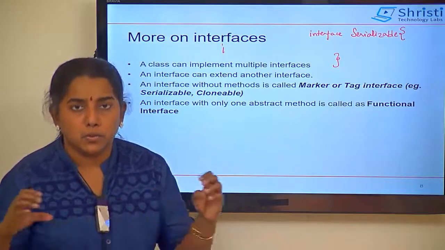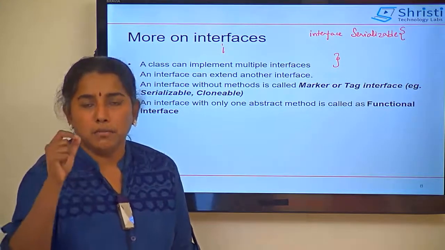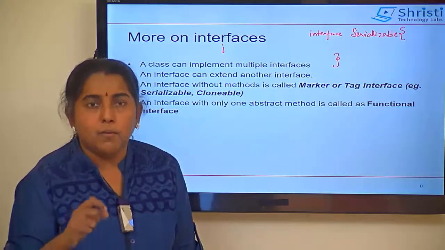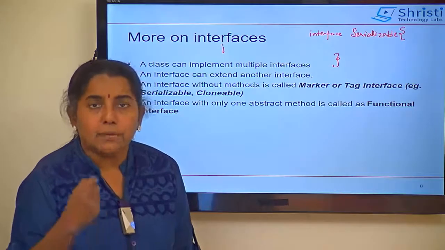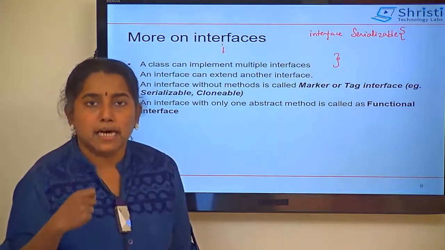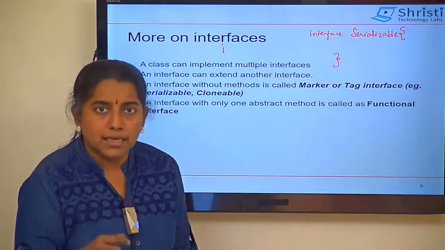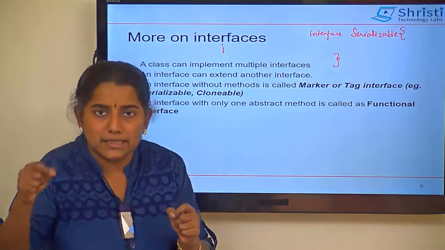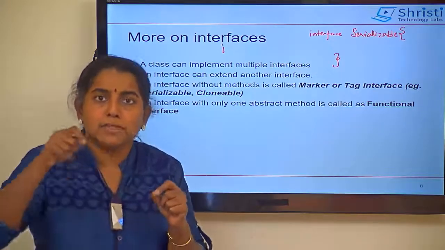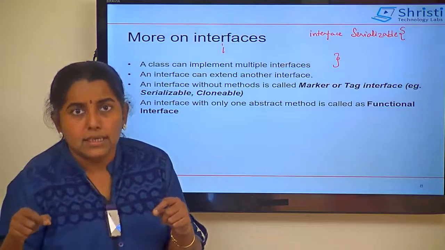You are trying to group it. Say for example, you are a part of a college WhatsApp group. Whatever messages are coming, it is coming only to you. I am not getting those messages because I am not a part of that particular group. Similarly, if a class implements Serializable, the class can be serialized. If a class implements Cloneable, you can create duplicate objects for the class.